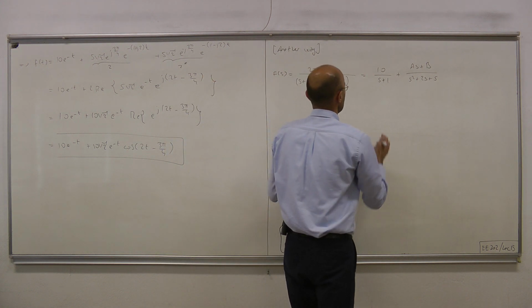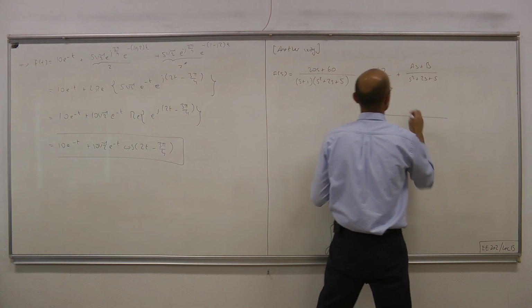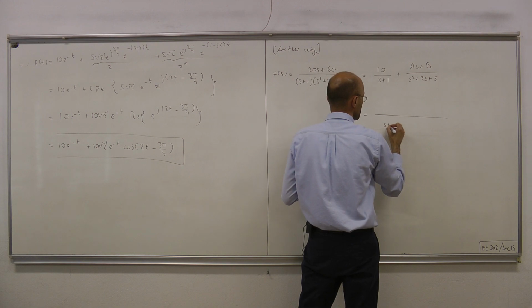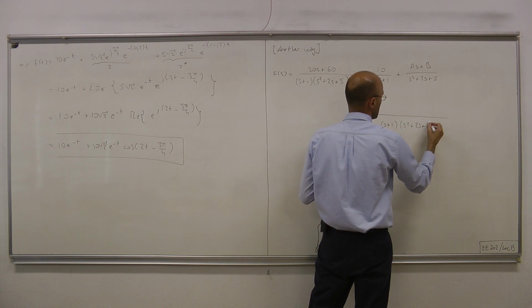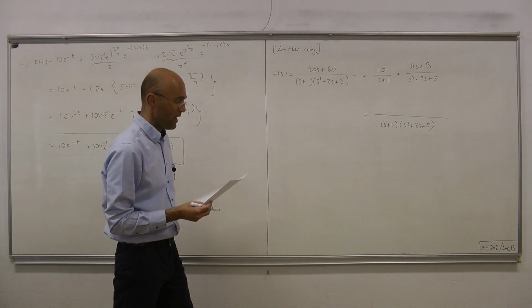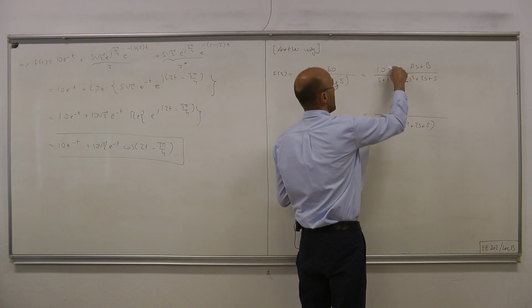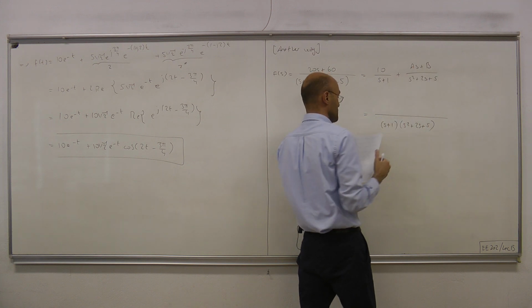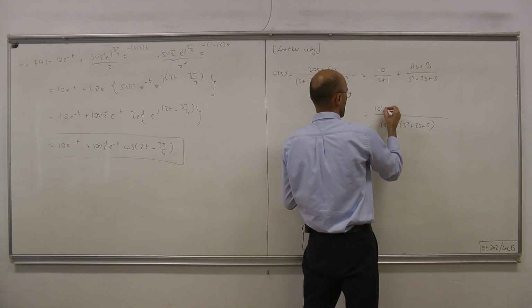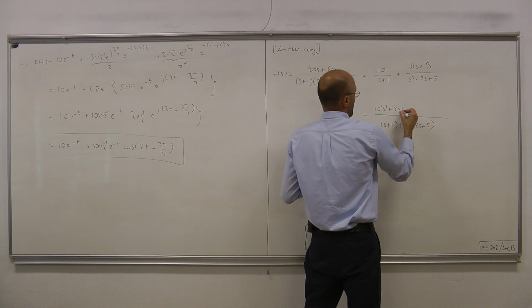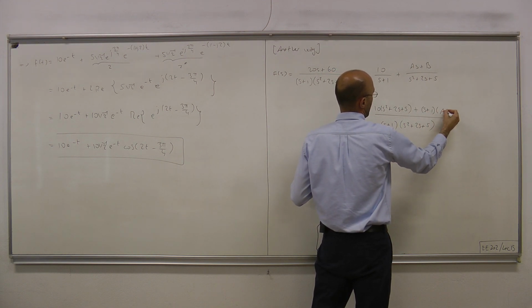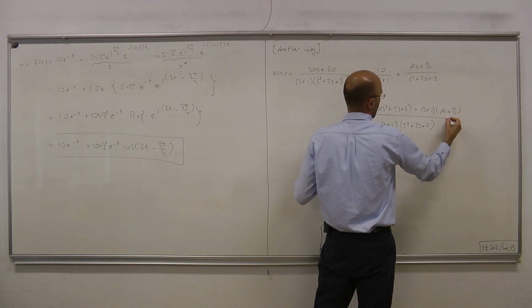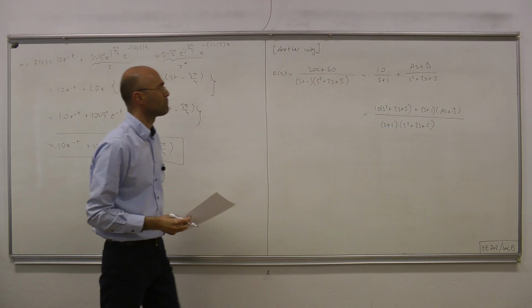Written as a single fraction, it is (s + 1)(s squared + 2s + 5), and then we have this times 10 plus this times (as + b).